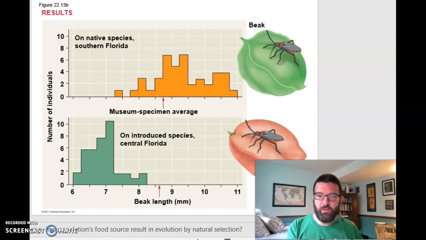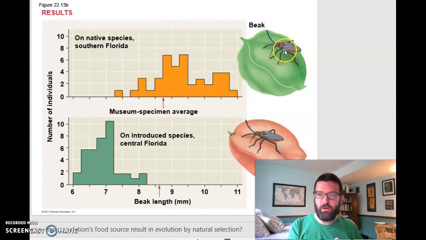And if you look, in Florida, we have an introduced species of fruit that has smaller fruit. If you look at museum specimens from about 35 years ago, this is the average beak length, right?